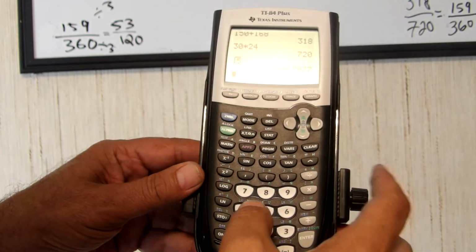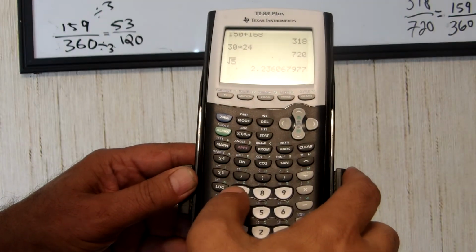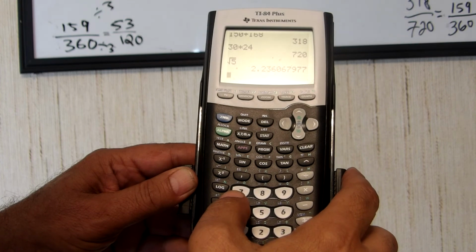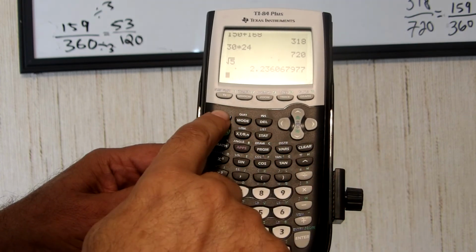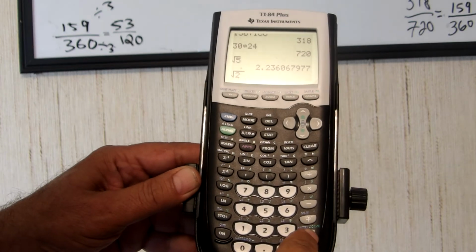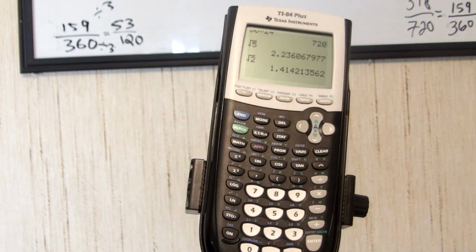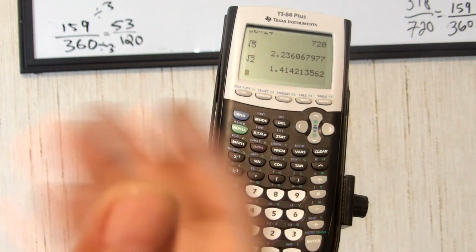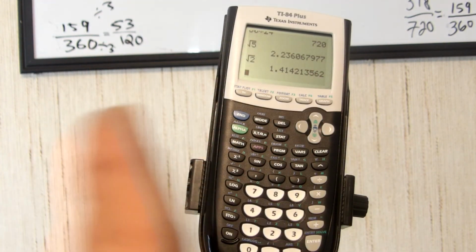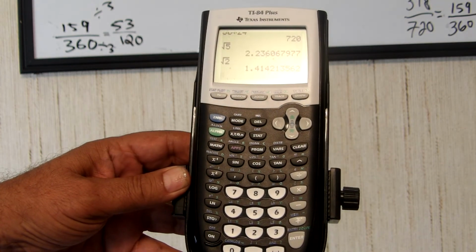Or the square root of 2, it's going to be 1.4. These are irrational numbers. I mean, you cannot find a repeating decimal; it's a different decimal number every time.